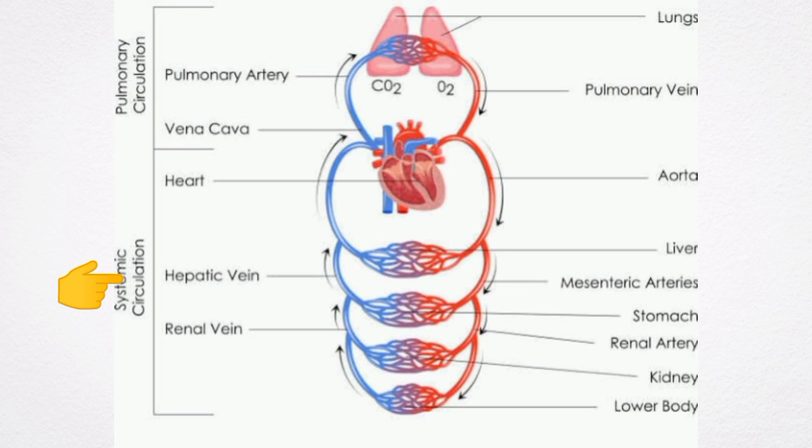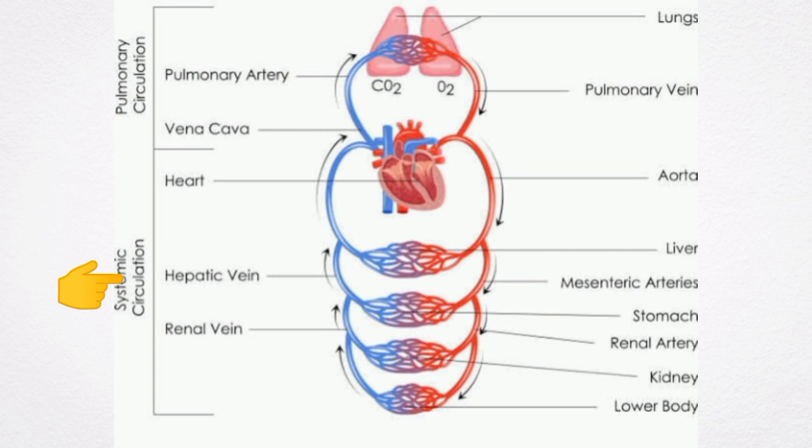Exchange of various substances between blood and the tissues occurs at the capillaries. After exchange of materials, the blood enters the venous system and returns to the right atrium of the heart. From the right atrium, the blood enters the right ventricle. Thus, through systemic circulation, oxygenated blood is supplied from the heart to the tissues, and venous blood returns to the heart from the tissues.